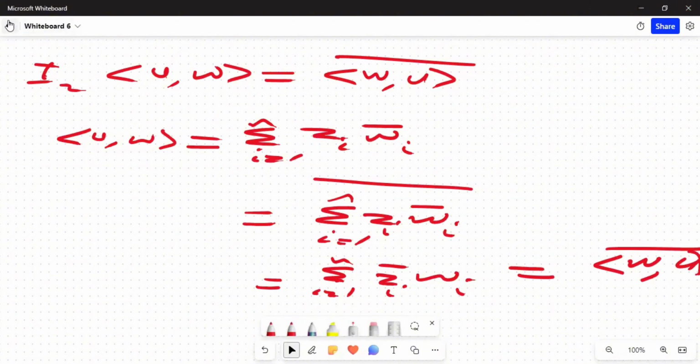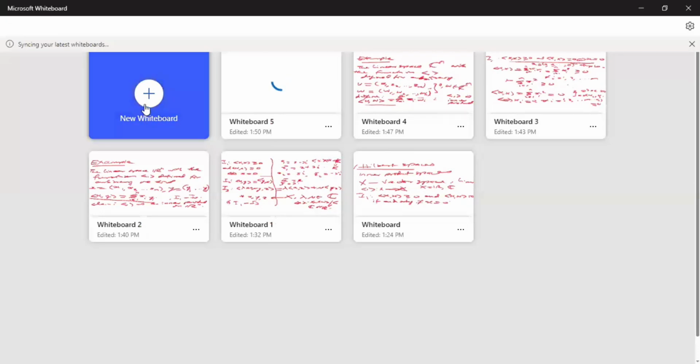Okay, for the third axiom, I3, we argue as follows.